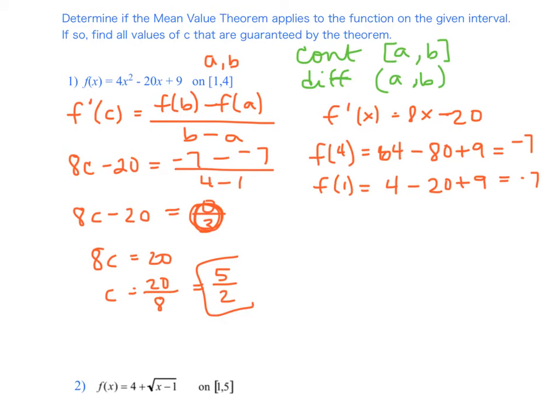So that is the C value, and I always want to make sure, does that C value fall in this interval? Inside it, it can't be 1 or 4. It has to fall inside of it. So 5/2, 2.5, does fall in between 1 and 4. And what that's saying is that the slope of the tangent line at 5/2 is equal to the average rate of change between 1 and 4.